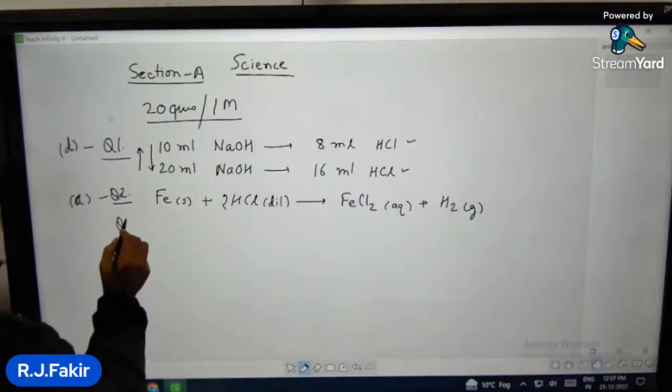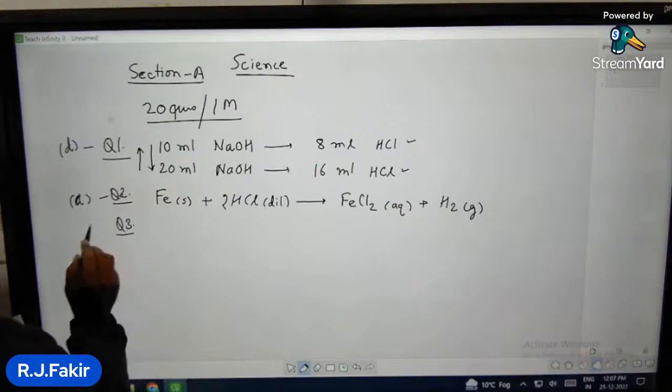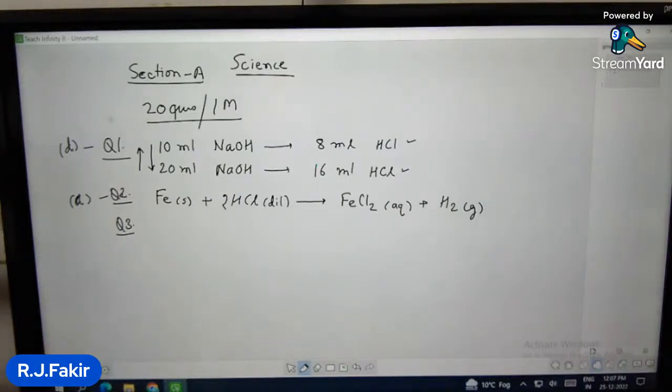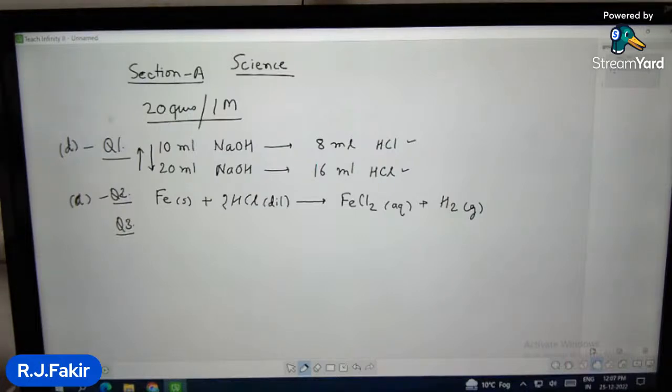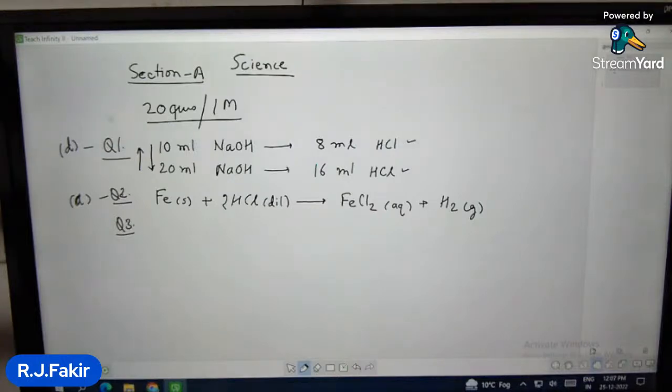Now question number 3: barium chloride and ammonium sulfate. Again, the question is based on a chemical reaction. So we'll first write down the chemical equation for this.